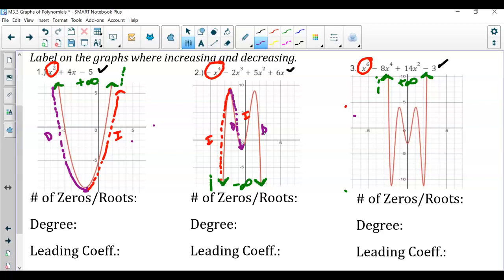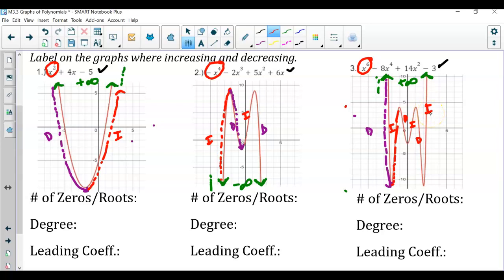Here we are going down because we're reading left to right, so we are decreasing. Then here is that minimum value, and after that minimum we are now increasing. Then we're back down to decreasing, back to increasing, decreasing, and back to increasing.